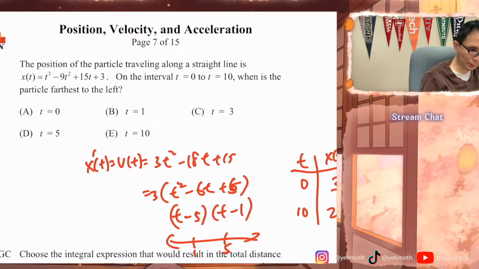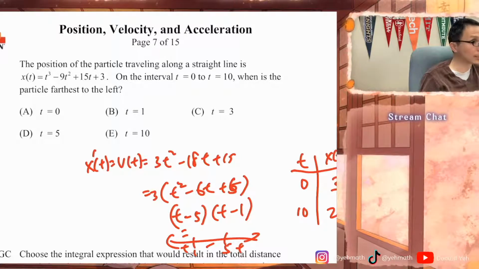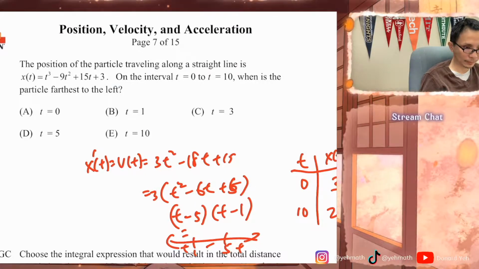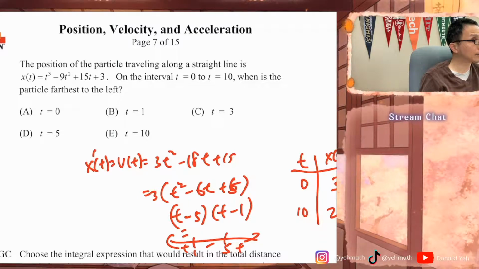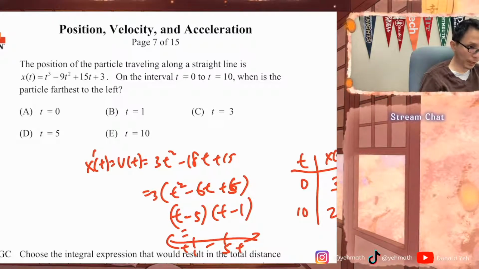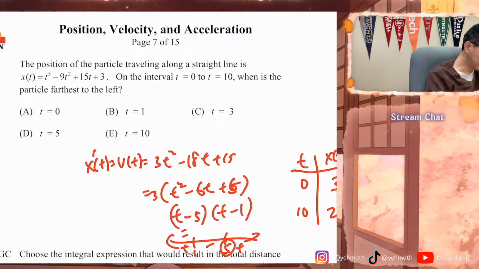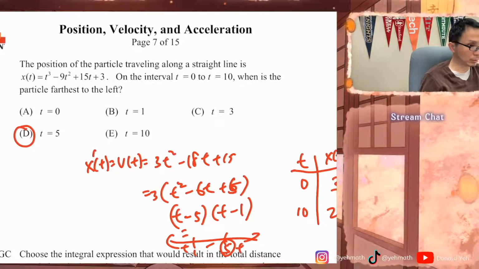Usually the sign pattern will give you positive, negative, positive. So which one is the minimum? It's 1 or 5. 5, right? So then I just plug in 5. Negative 22. Yay. D.